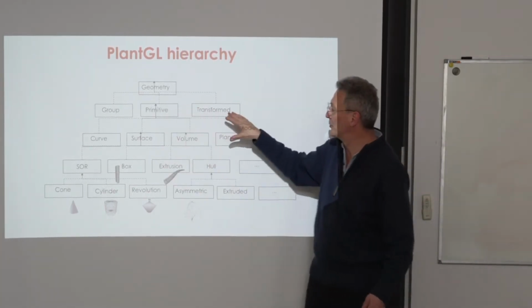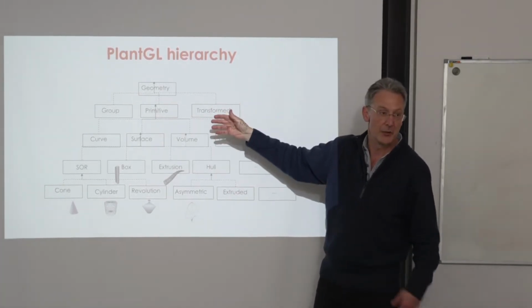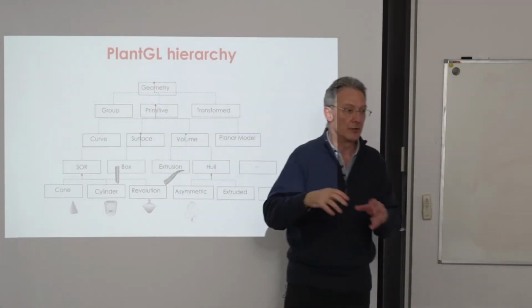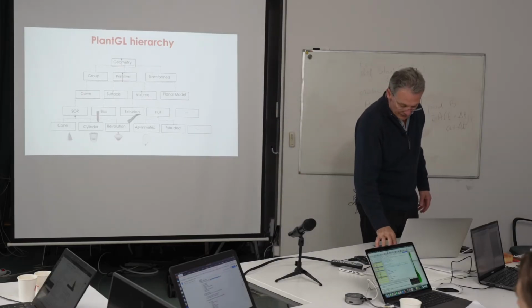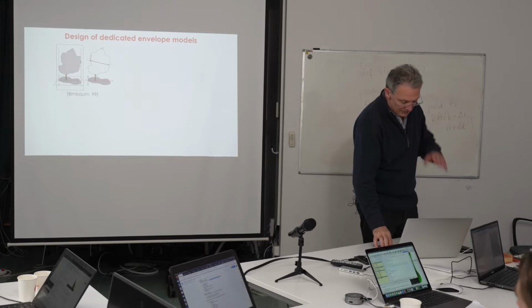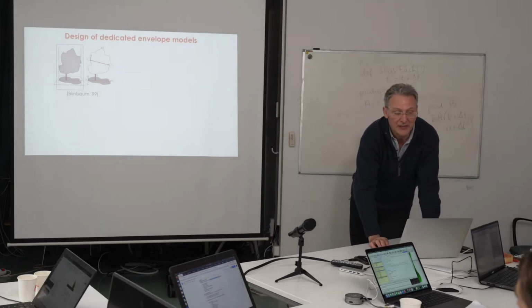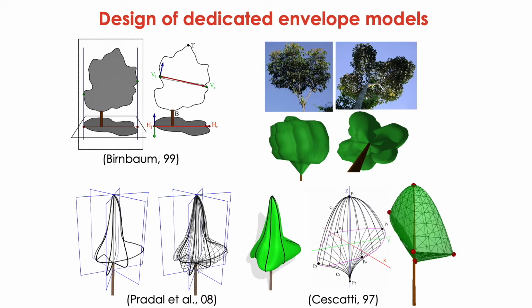Then you can transform the primitives using a number of transformations, like rotation, translation, and this type of thing. And then you can group these objects to make up a hierarchy of objects. So this is nothing very special, just the fact that there are specific primitives that have been designed to be at ease with the design of plant organs, such as the swung, etc. So this we already saw.